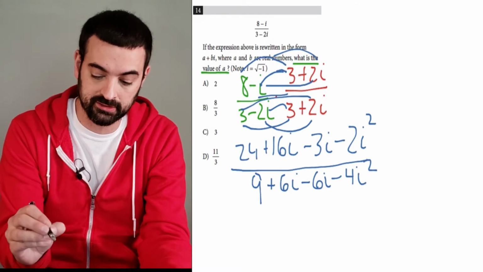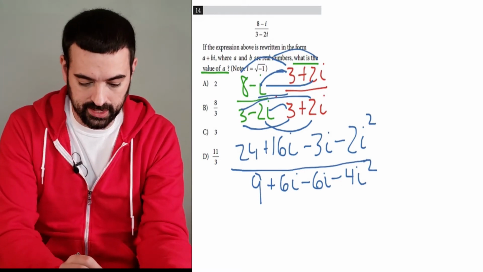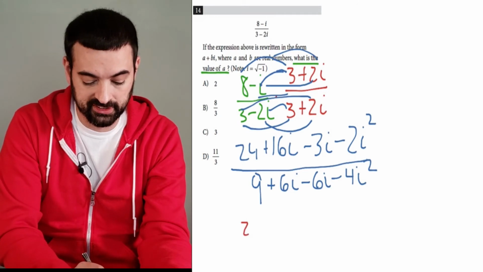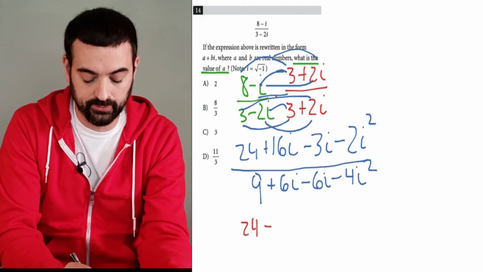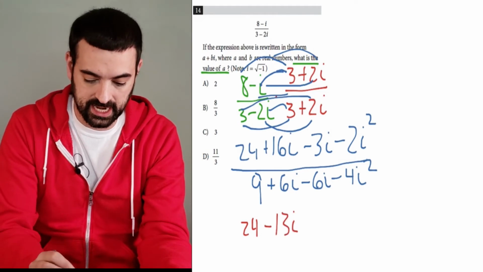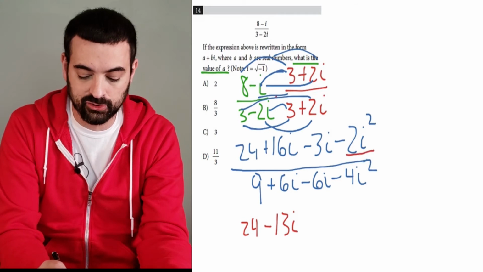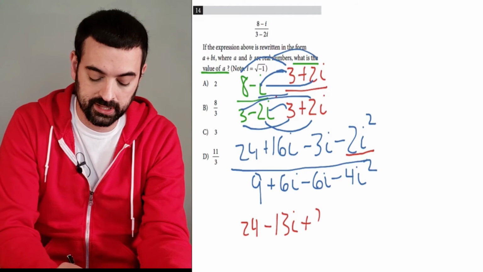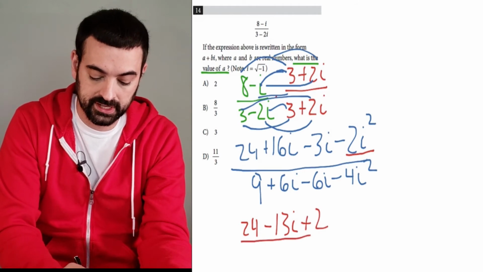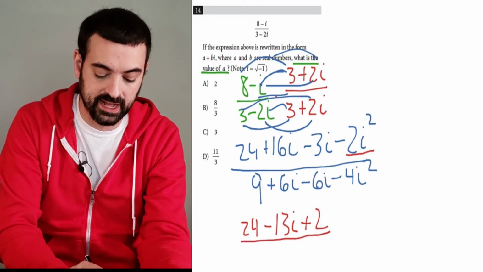I'm going to switch colors here. We've got 24. This is our numerator, 24, 16i, negative 3i, so 24 minus 13i. And minus 2i squared. Remember that i squared is negative 1, so this becomes plus 2. And in our denominator, we have 9.